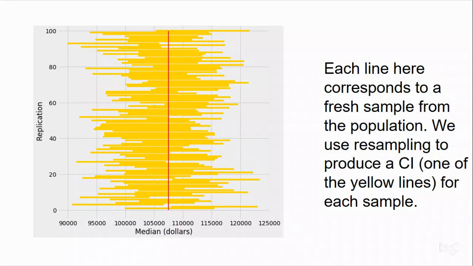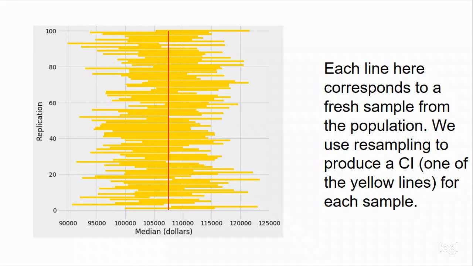In this graphic, I've computed 100 different 95% confidence intervals for the median income for San Francisco City employees. The median income is represented by this red line right at about $107,000.